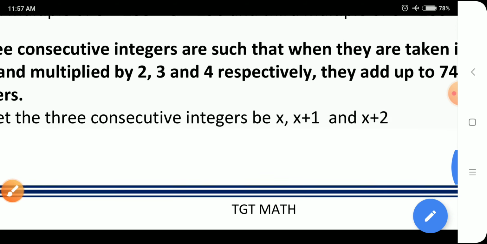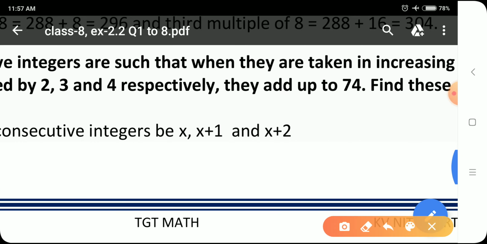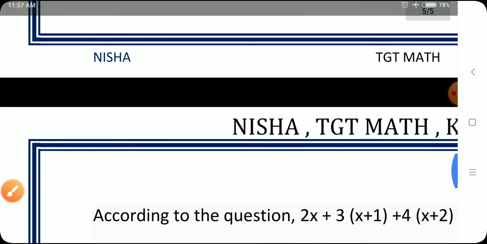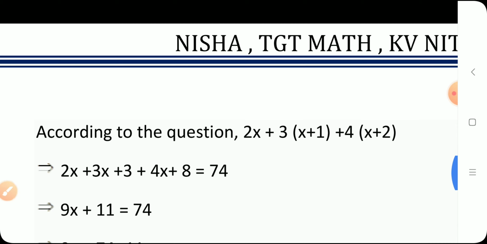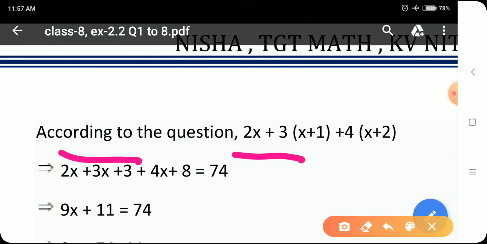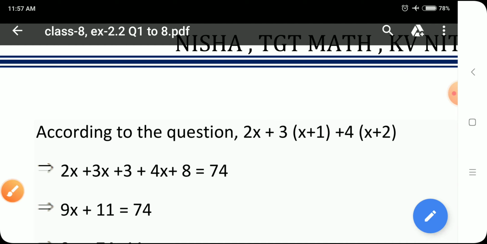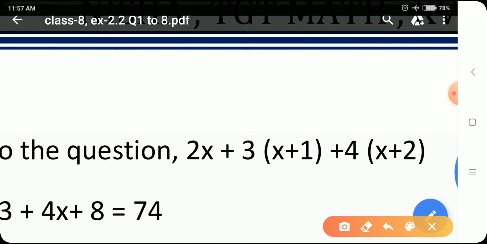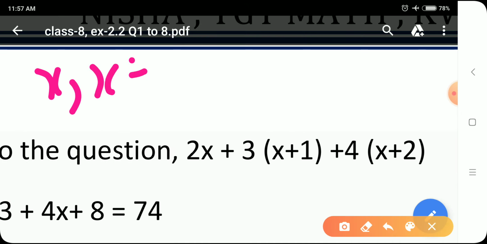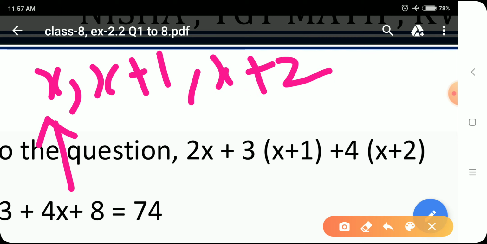So what we will do is take the three consecutive integers as x, x plus 1 and x plus 2. Now, according to the question, the first number is multiplied by 2, so it will become 2x.